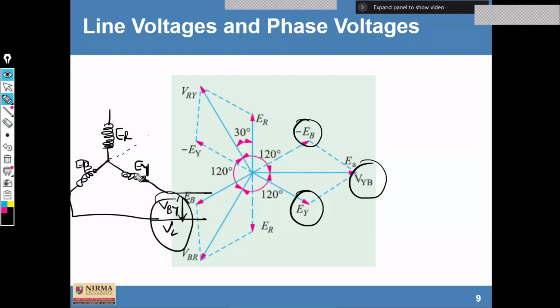So VBY can be observed with the help of this EY, phase voltage, plus the vector sum of this EB. Clear? So with the help of these two different phase voltages, if we add together, then the resultant will be your VYB. So this VYB is your line voltage. Clear?